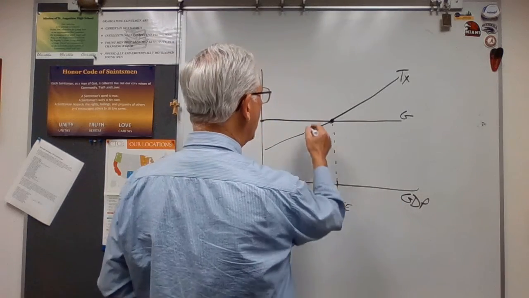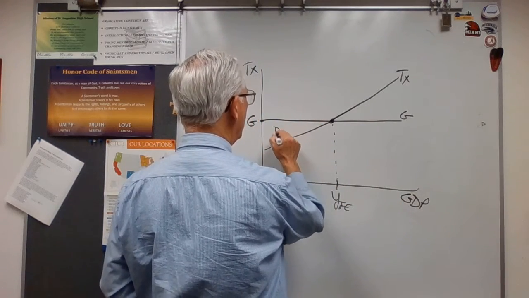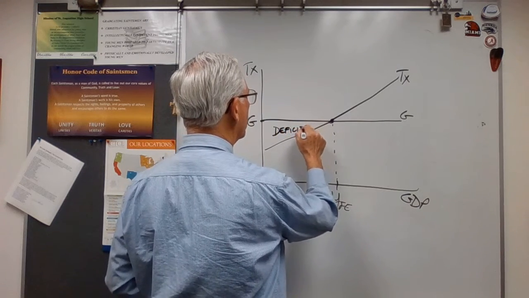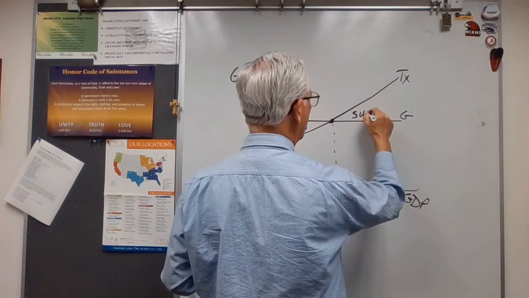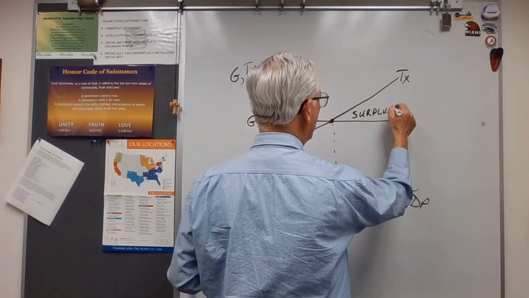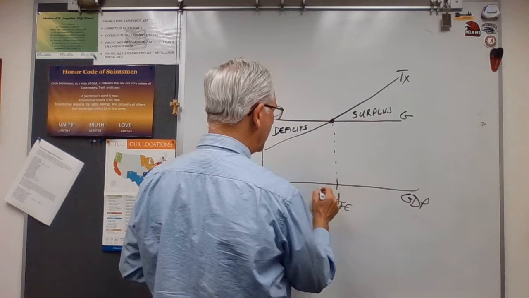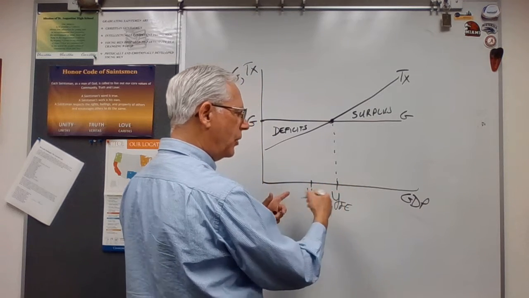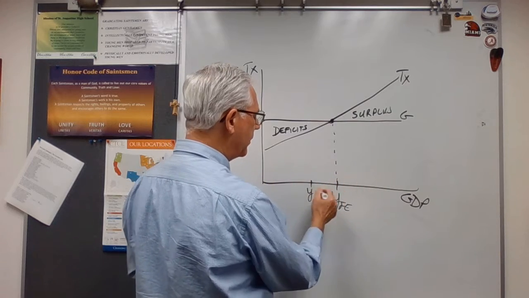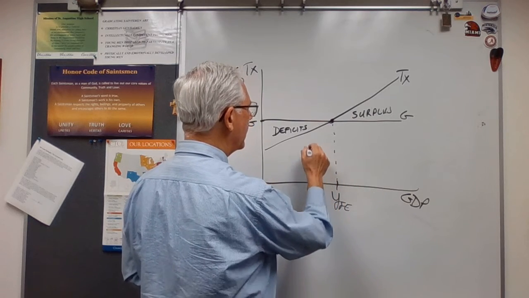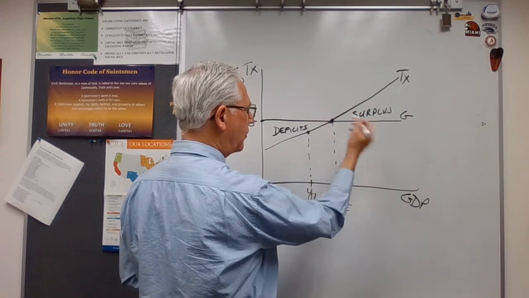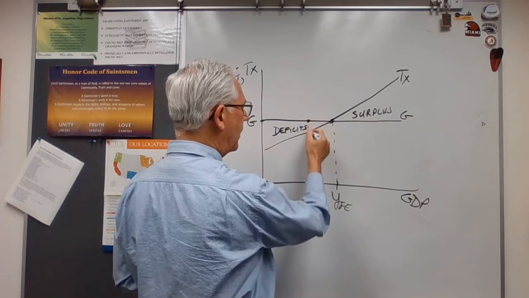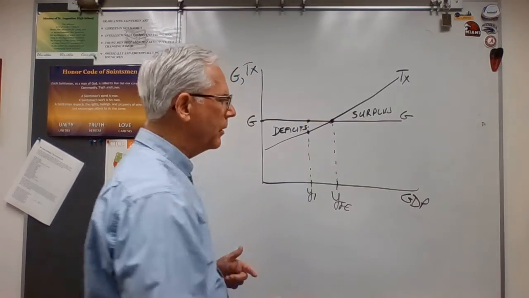And as your book shows, this is the area of tax deficits or deficit budgets. And this is an area of surpluses. So if we're in recession and the nation's output, the level of GDP, is here at Y1, that would be the tax revenues that the government would have, that would be their spending, and the vertical distance here would be the deficit.